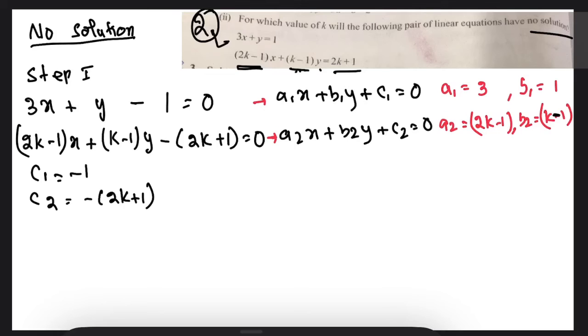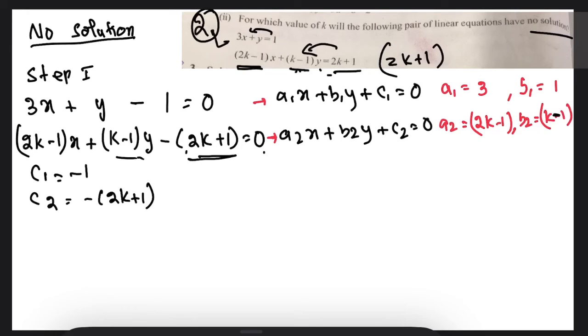So we shall change the equation into standard form. So 3x plus y, this 1 you will bring to this side, so plus 1 minus 1 is over. Now the second equation, 2k minus 1 x plus k minus 1 y, and 2k plus 1 you bring to this side. Put the whole thing in a bracket, so it becomes minus 2k plus 1.